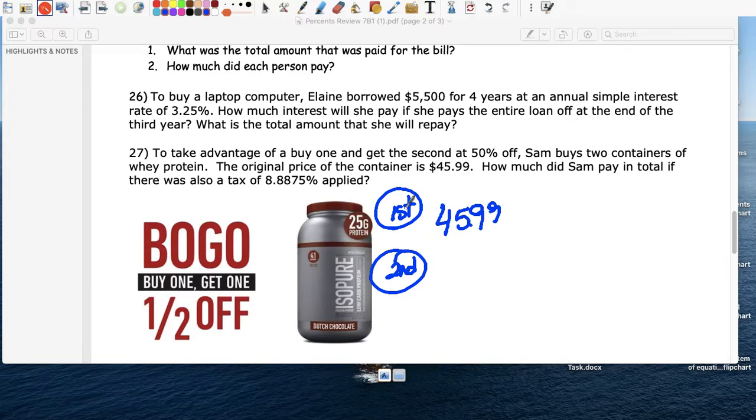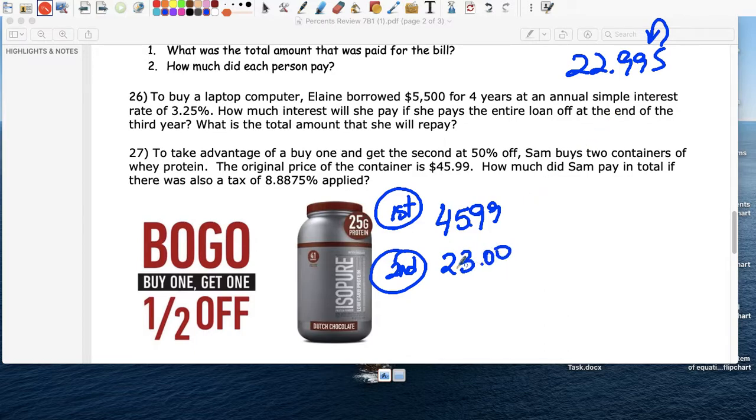So 45.99 times 0.5 is just exactly half. On the calculator you get 22.995, so we're going to round this to $23.